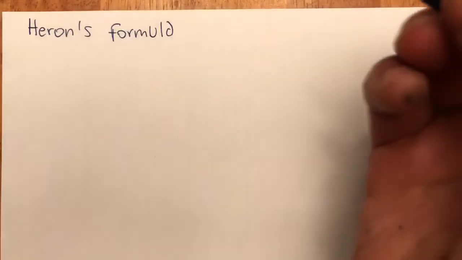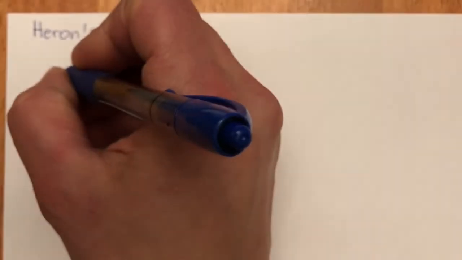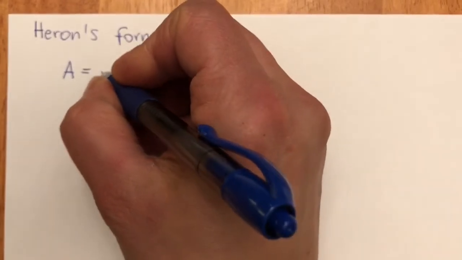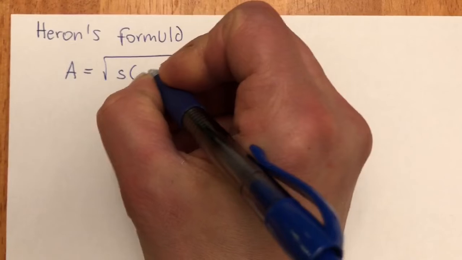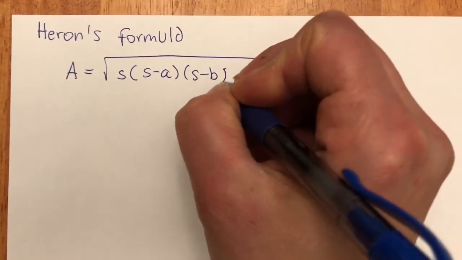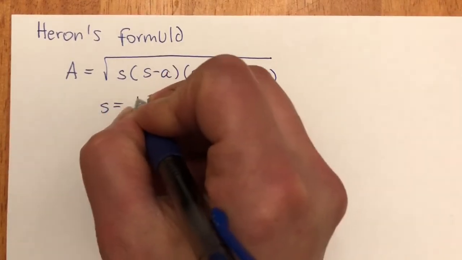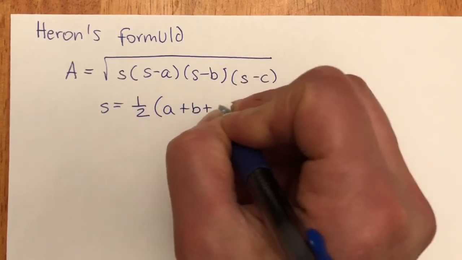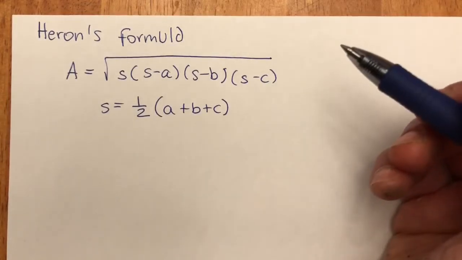All right, lastly, today we will talk about the Heron's formula. It is a formula that allows us to find the area of a triangle. And it says that area is equivalent to square root of S minus A, S minus B, S minus C, and S is equivalent to half of the perimeter, so A plus B plus C, and A, B, and C are sides of our triangle.